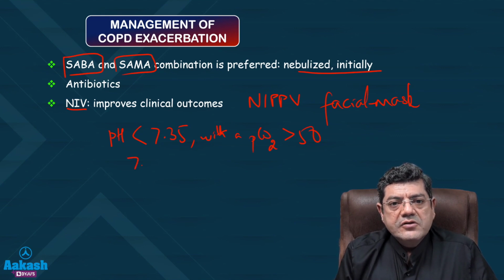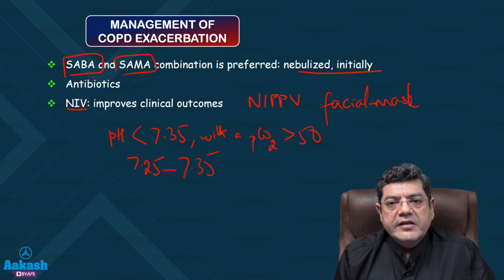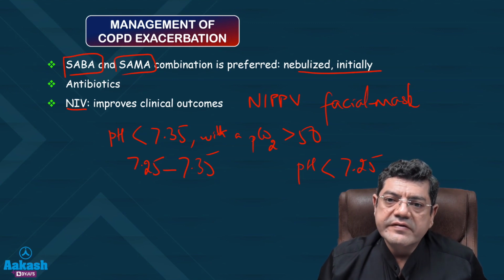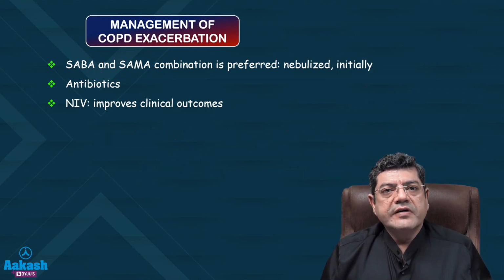Typically, these patients will do well on NIV if their pH is between 7.25 to 7.35. If the pH is less than 7.25, they will not do well with non-invasive ventilation. They will most likely require intubation and intermittent positive pressure ventilation.